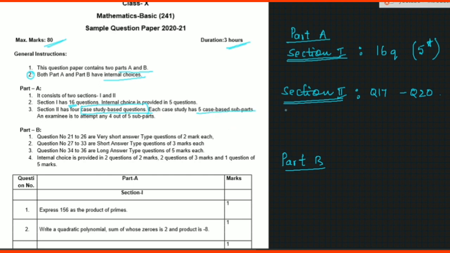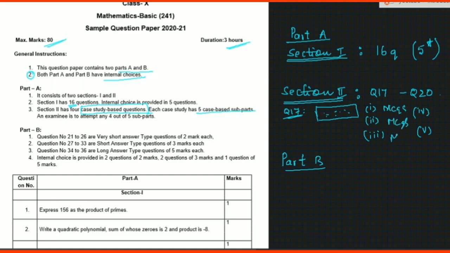For example, if you take question number 17, there will be a paragraph with the figure and everything given, and based on this content, question number 1, 2, 3, 4, 5. 5 MCQs they are asking.